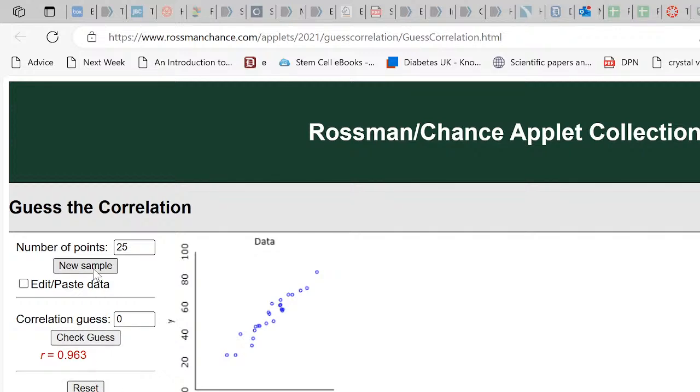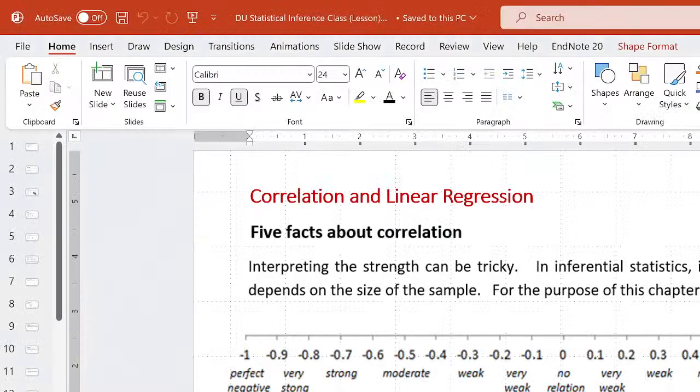I don't even know if it's positive or negative. 0.173. Pretty weak. So anyway, that little game gives you a little insight into how this correlation goes. Yeah, there's the applet that I was using there.